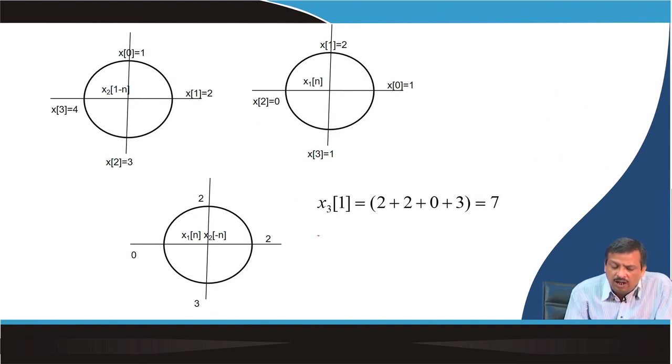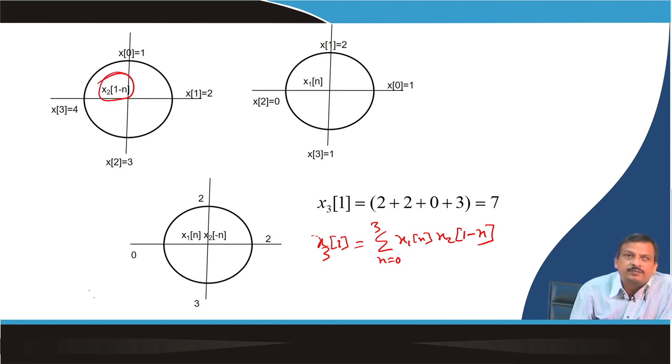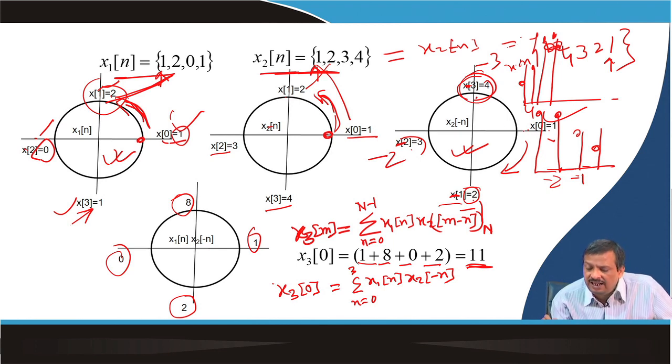So x3 1 is nothing but the sum for n equal to 0 to 3 of x1 n into x2 1 minus n. So I want to make 1 minus n. So x2 1 minus n. This is x2 minus n. If I want to shift one sample to the positive side, then I get x2 1 minus n.